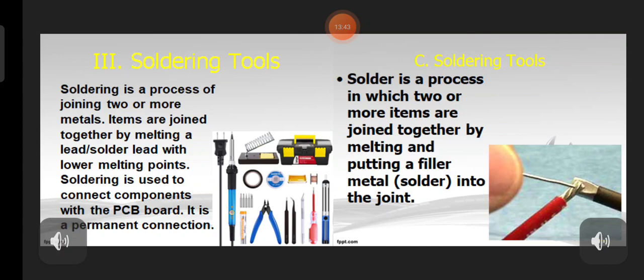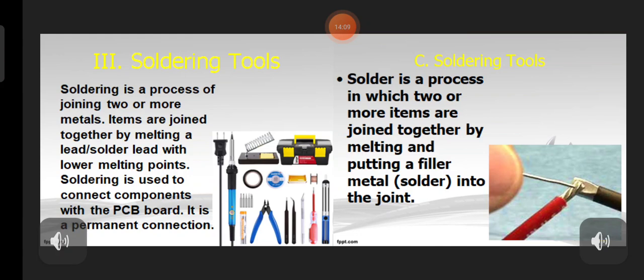The third category of basic hand tools is the soldering tools. Soldering is a process of joining two or more metals. Items are joined together by melting a lead or solder with a lower melting point. Soldering is used to connect components with the printed circuit board or PCB.